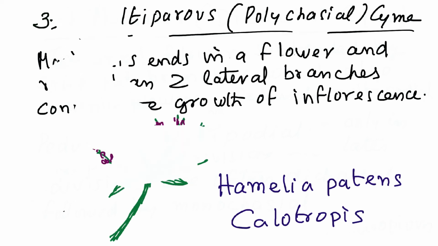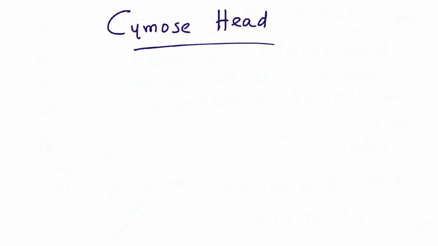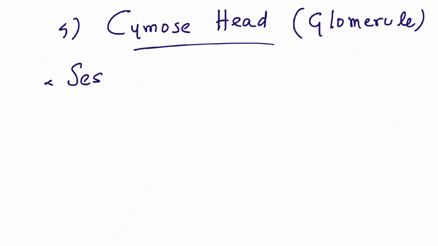And continuing with the discussion, we are going to the fourth case, which is called the Cymose Head or the glomerule. So what are the key points as far as the Cymose Head is considered? The first point is that the flowers are sessile or subsessile. What do you mean by that?